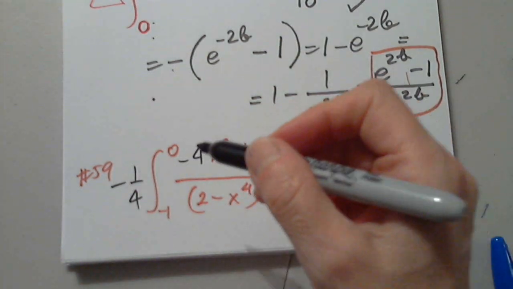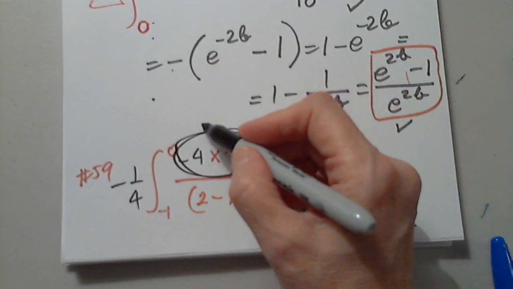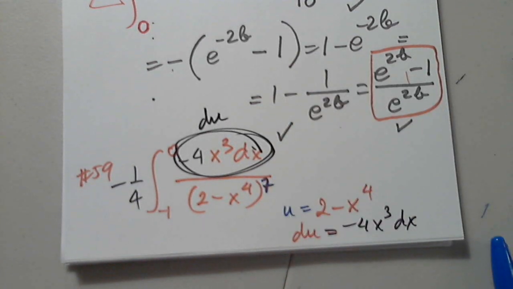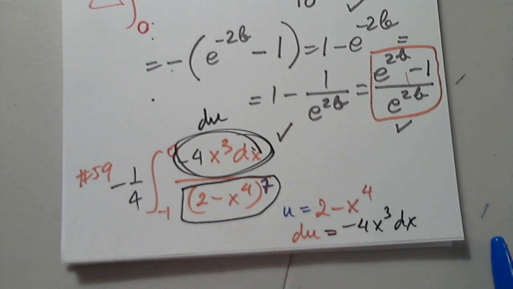This -4x cubed dx, all this piece is du, with a -1/4 in front, of course. What will I replace this by? Because everything has to be accounted for.